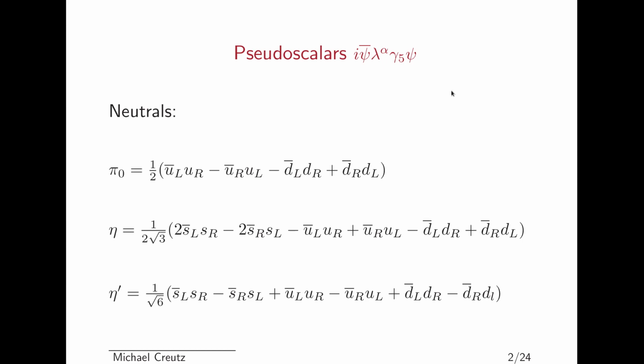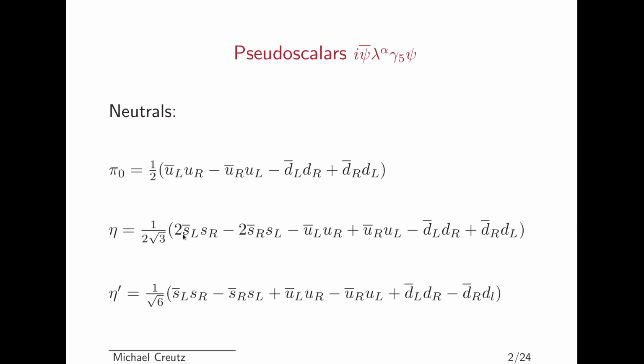So I'm going to start by talking about some of the pseudoscalar mesons in this theory. And let's consider just the 3-flavor theory for simplicity. You look at the Gell-Mann matrices, and you discover that the neutral mesons are different combinations of U bar U's and D bar D's and S bar S's. The pi naught is U bar left, U right, minus D bar left, D right, and the minus sign is to make it pseudoscalar, and this minus sign is to make it isospin 1.